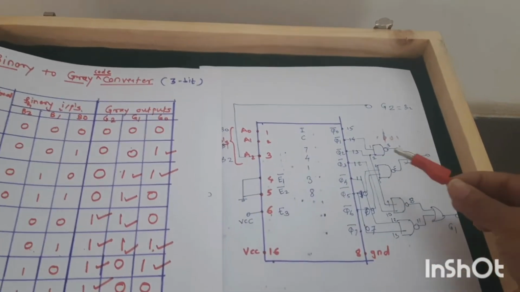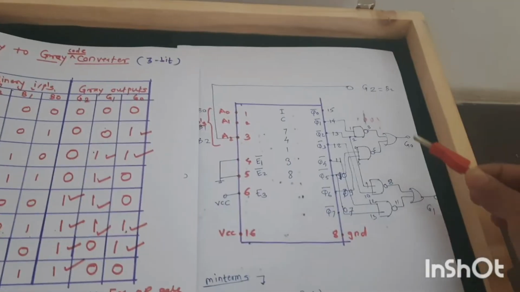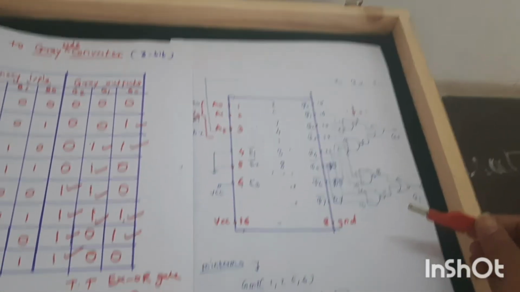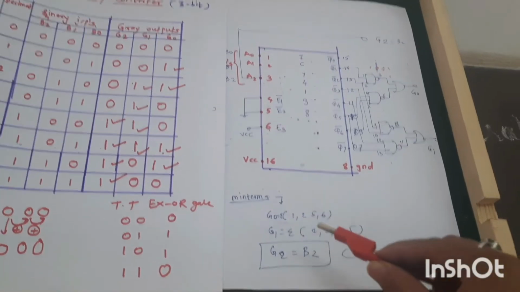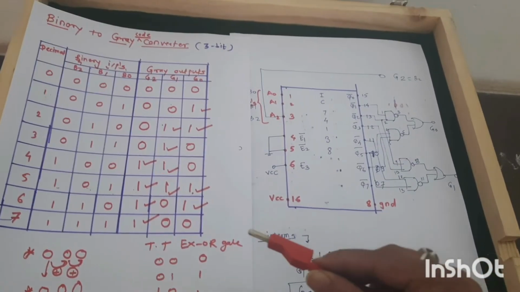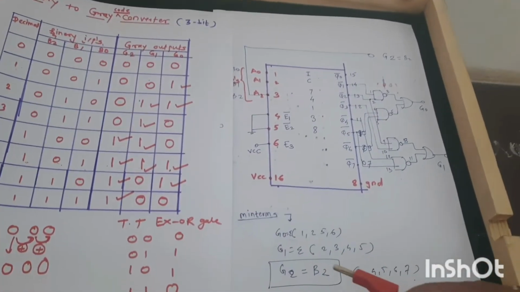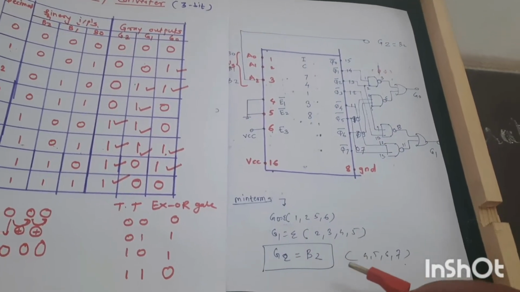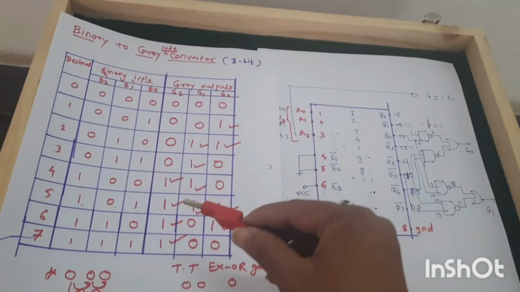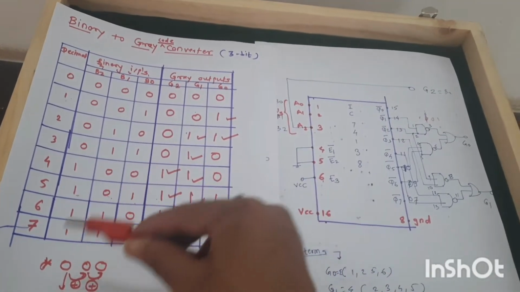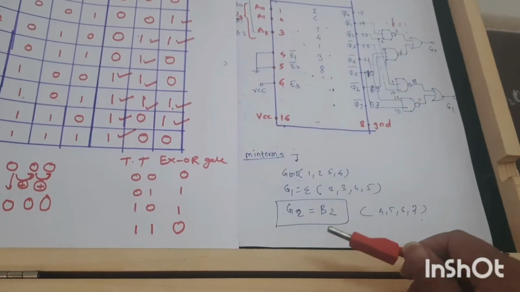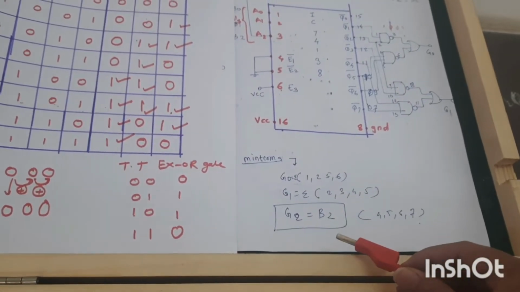We are going to use 4 NAND gates, then 2 OR gates, and we all know the min terms for G0, that is 1, 2, 5, 6 from this truth table, and G1 min terms are 2, 3, 4, 5, and as you can see in this truth table, G2 min terms, that is 4, 5, 6, 7, is equal to B2. That means G2 is equal to B2. That's why I have written here G2 is equal to B2.